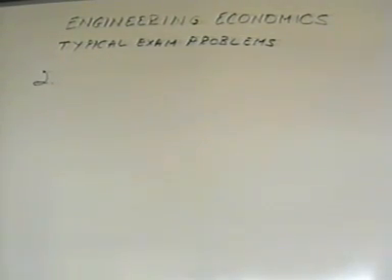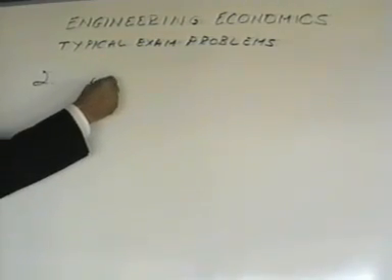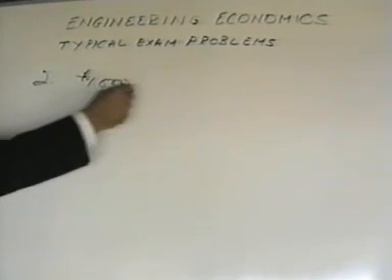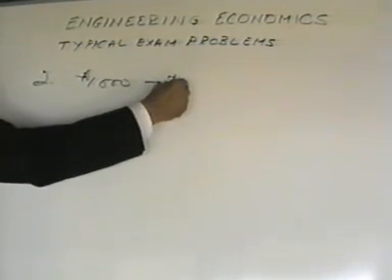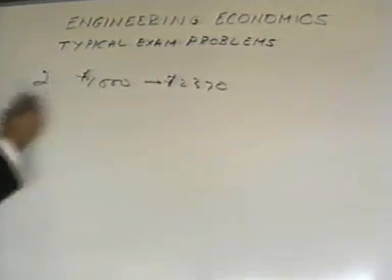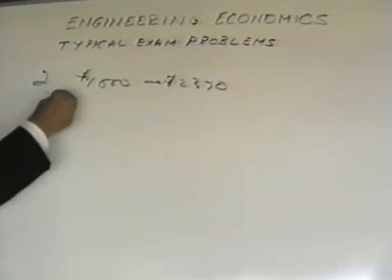Problem number 2, somebody put $1,000 in an account 15 years ago. Today, it's worth $2,370. We know that the bank pays interest twice a year.